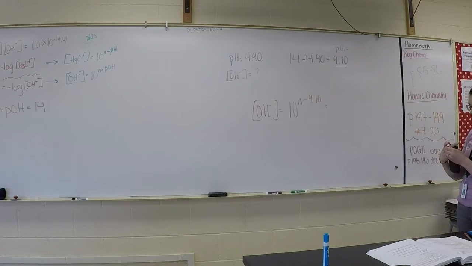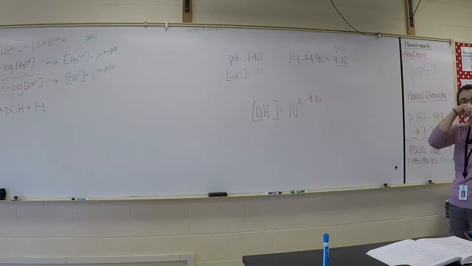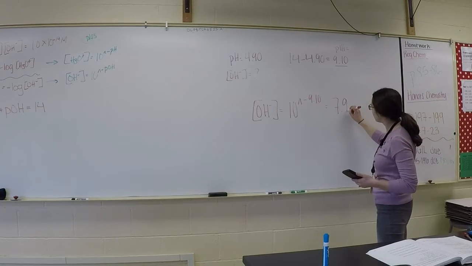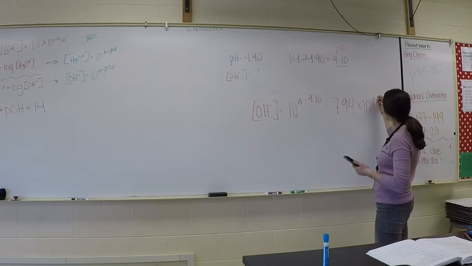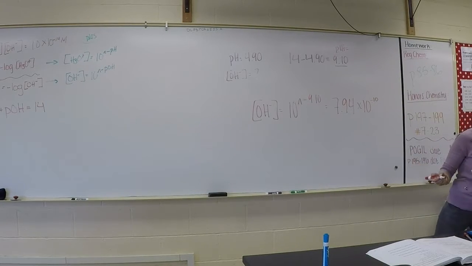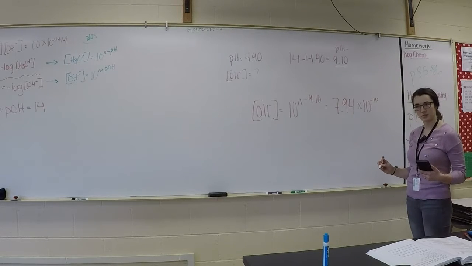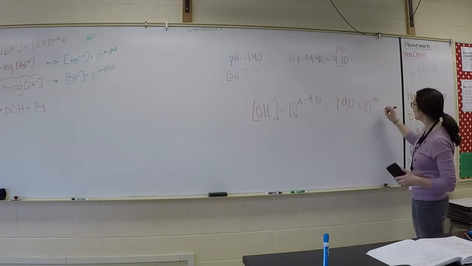So our concentration of hydroxide is 7.94 times 10 to the negative 10. And what do we need? Not mole. Molarity. Molarity.